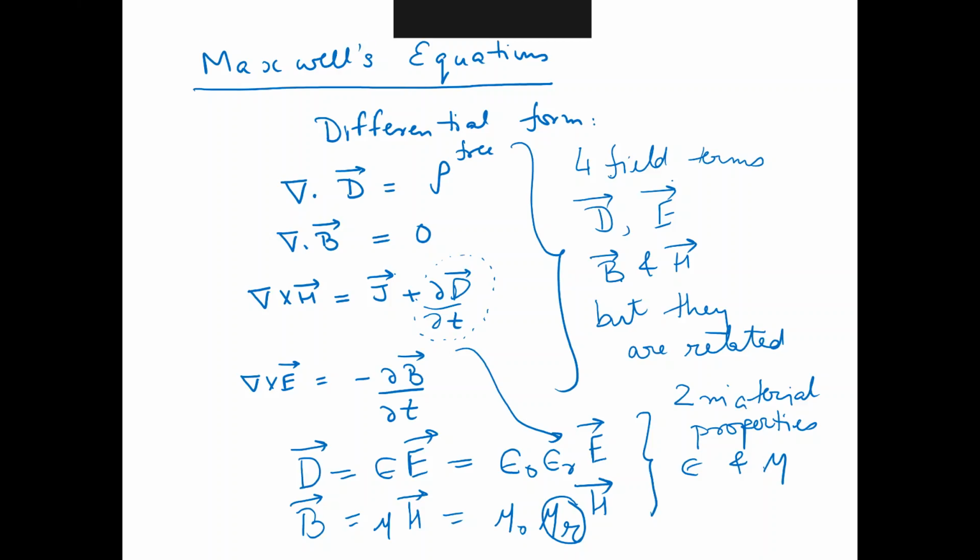I don't have to worry about what material I am in. D and E are related by the material by a term called epsilon, the permittivity, and B and H are related by a term called mu, which we call magnetic permeability.